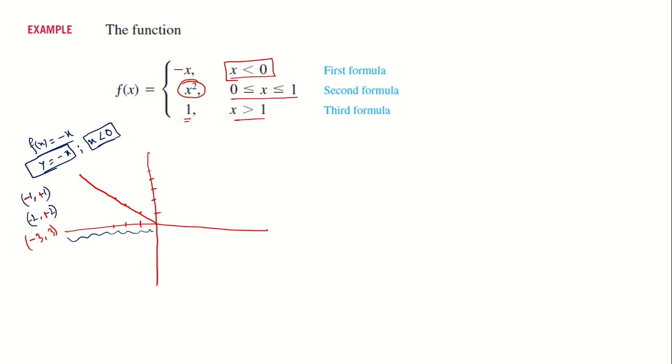Then go for the next function, f of x equals x squared. It has a U shape, but look at the domain, between 0 and 1.